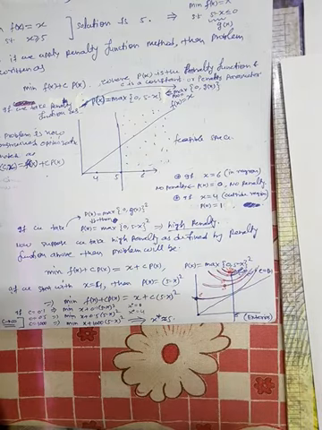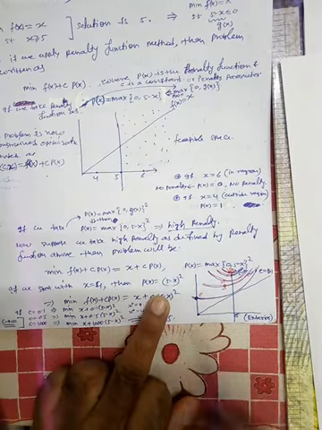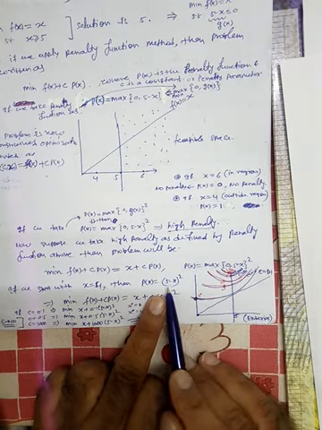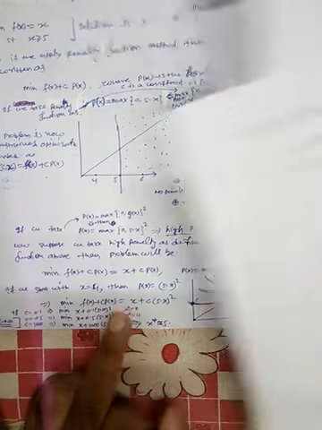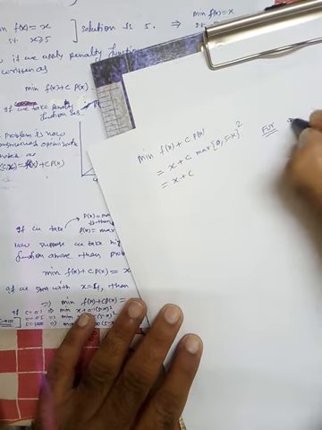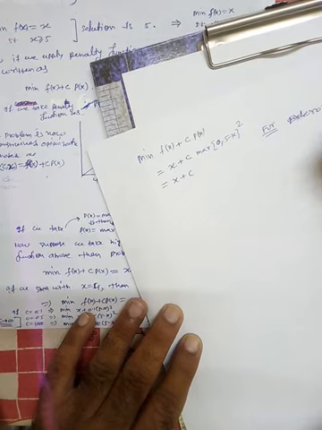So if we take p(x) equal to 5 minus x whole square, this will be the function if we are starting from outside the domain, that is, for the exterior penalty method.